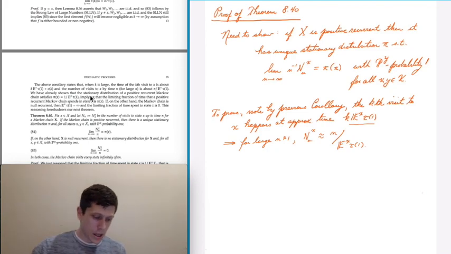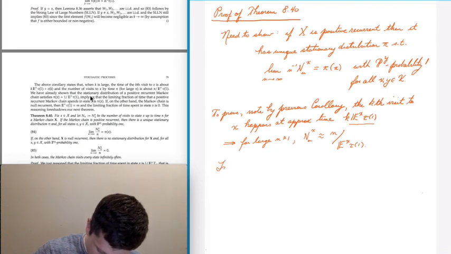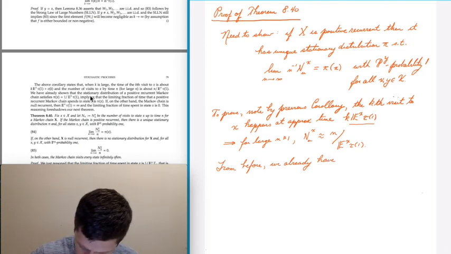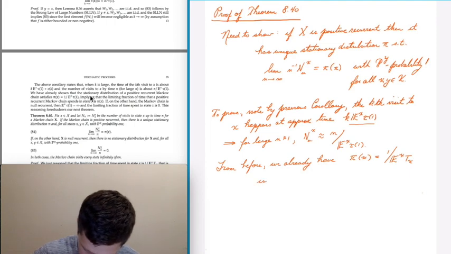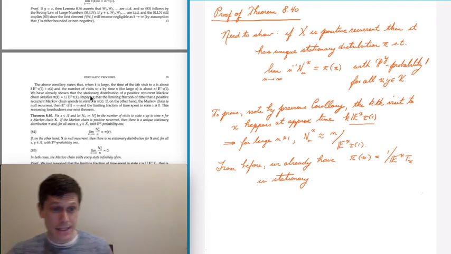And so what we already know from before, since this is a positive recurrent state, is that there is some stationary distribution that satisfies this.